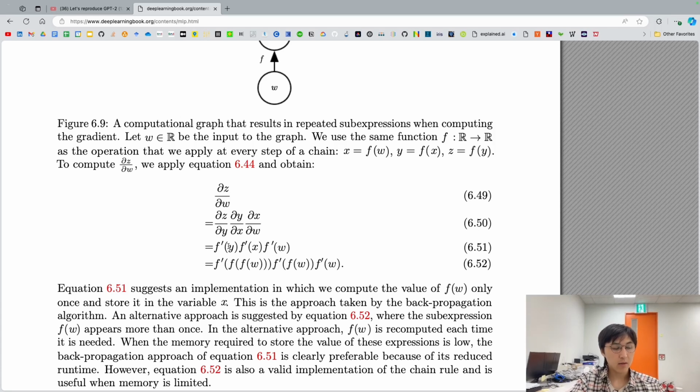And what is the prime of y? y is equal to the function f applied to the weight, and so on. So you can see when we do backpropagation, we are calculating again here, right?